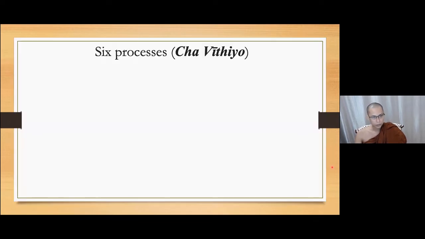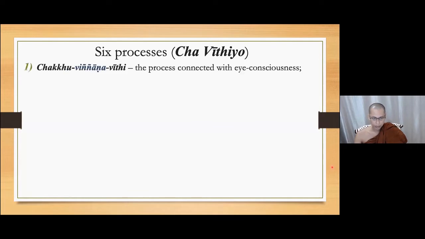Okay, so let's continue. The names of the cognitive processes. Before that, we give the name of the cognitive process according to the doors. Here, the process of consciousness can also be named according to the types of consciousness.